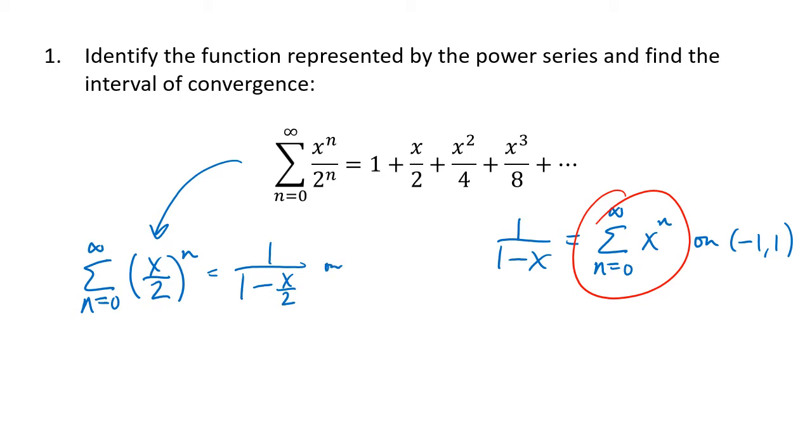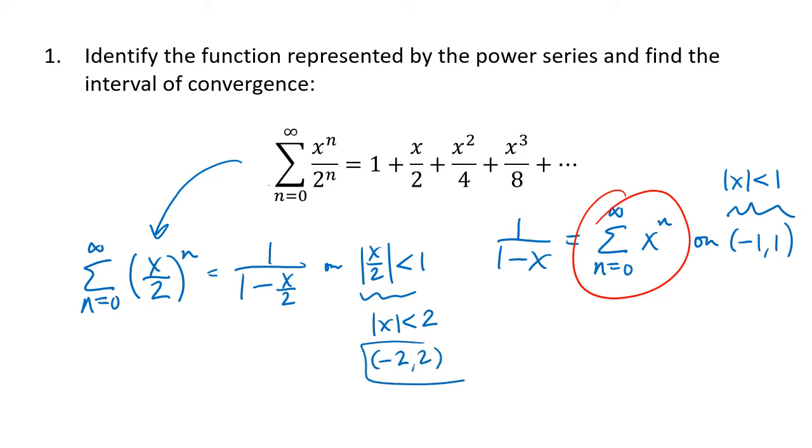That's going to converge when the absolute value of x over 2 is less than 1. Remember, this interval can be thought of as absolute value of x less than 1, so whatever we plug into this formula, its absolute value has to be less than 1. If I multiply both sides by 2, this gives us the interval absolute value of x less than 2, or in other words, -2 to 2.